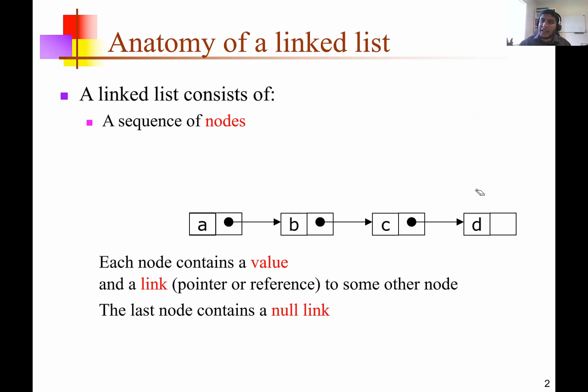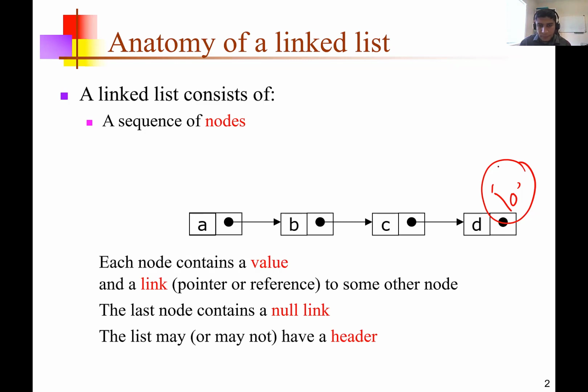And to indicate the end of a linked list, I just make the next pointer of the last one a null. Just write null here. And this concept is similar to the one we have used for strings in C, right? Just indicating that you have reached the end of your linked list. Good.